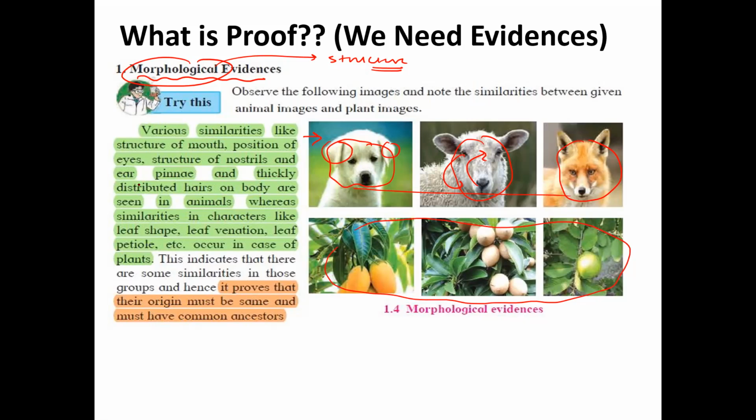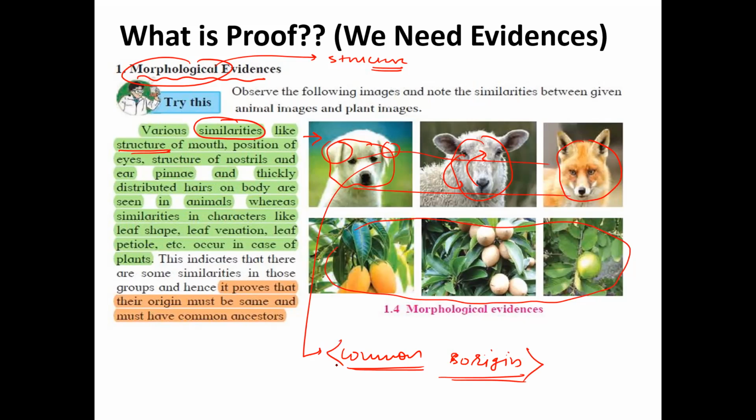It means they all have something similar. So these similarities in structure show that these all have a common ancestry, or a common origin, I can say, a better word, common origin than source.